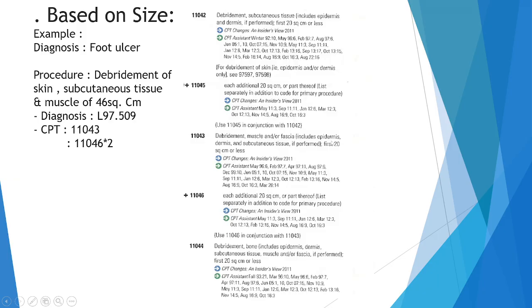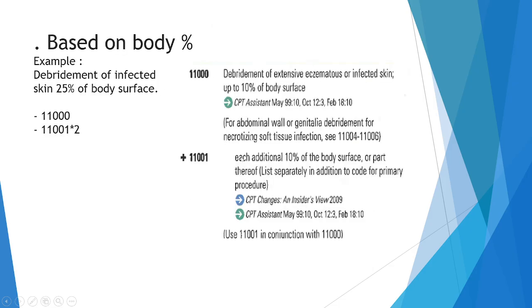So first 20, second 20 is the additional, that makes 40, and 6 remains. The remaining 6, in part thereof, we will also take for the additional code. So first 20, and we will take 2 units of the additional procedure add-on code. That is 11043, 11046 times 2. So this is based on size.